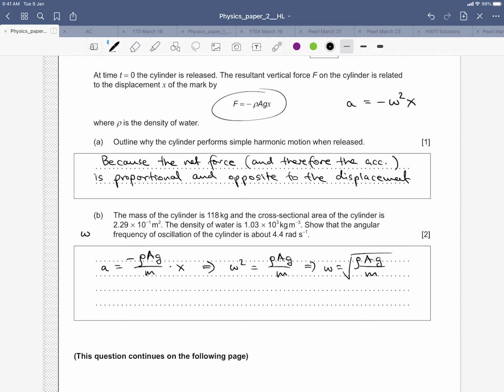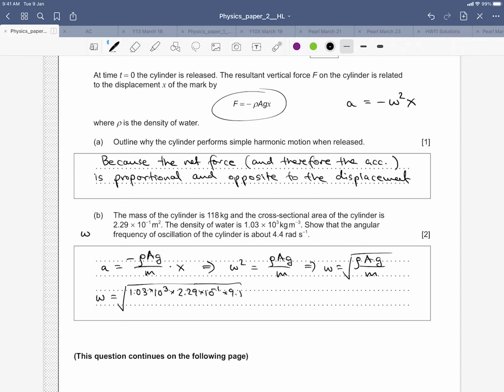We have the mass, we have the cross-sectional area, we know what g is, and the density they also give us. So let's just plug in the numbers. 1.03 times 10 to the 3, pay attention to units, of course. You never know if you have to convert something.